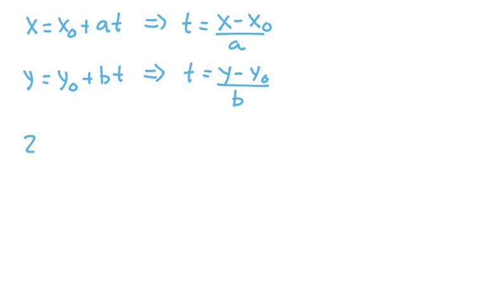And if I have z equals z naught plus ct, that implies t is (z minus z naught) over c.